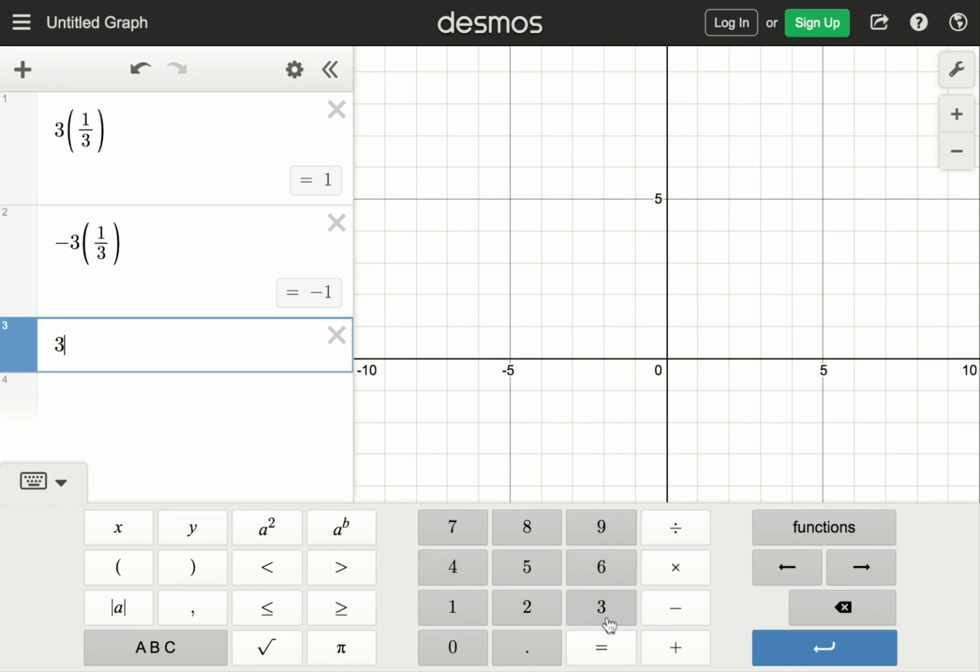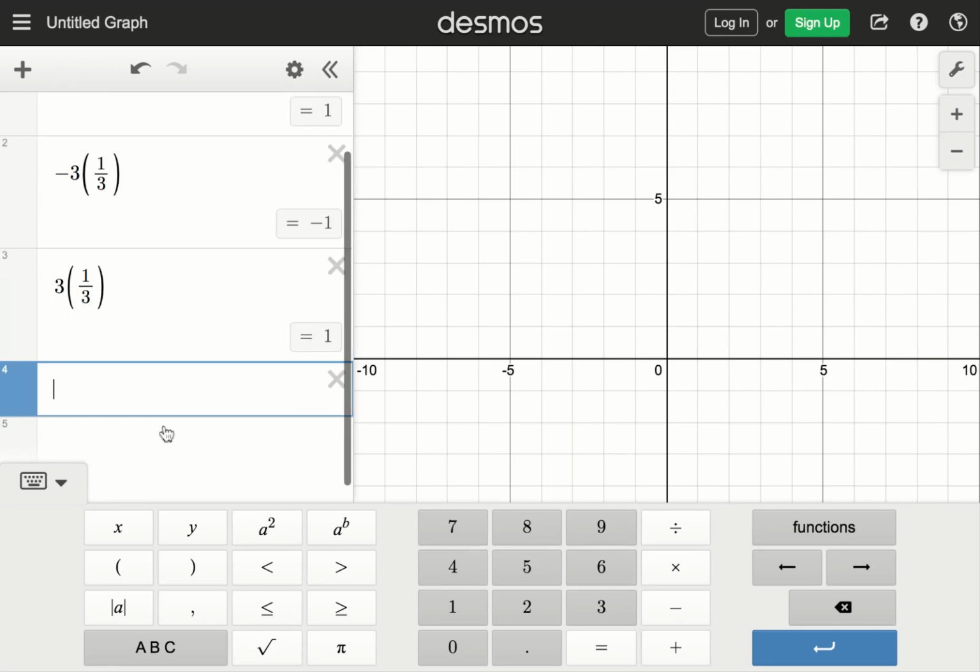But here I'm going to write 3, and then parentheses, and I'm going to write 1, division symbol, and then 3. Now I'm going to click this arrow on the right to get out of this denominator and close it again with parentheses. And you see I have that multiplication of positive 1. And you can do a lot of things.